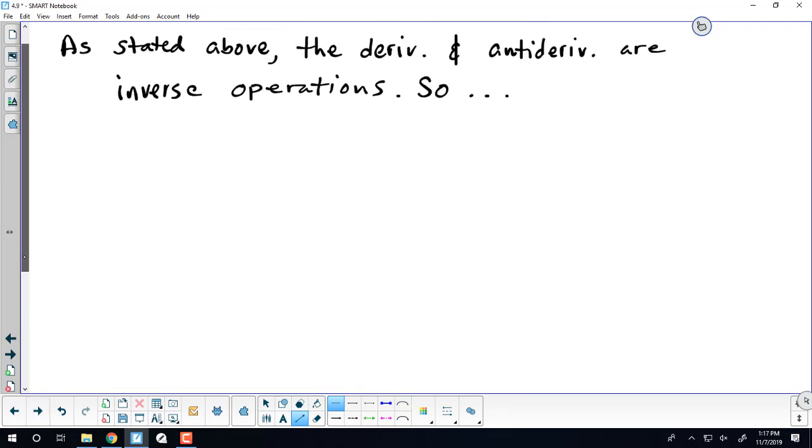If you look on that formula sheet, I know we've done a couple of these, but I think it's important to make clear the connection between the antiderivative formulas on that sheet and the derivatives that we already, in theory, should know.